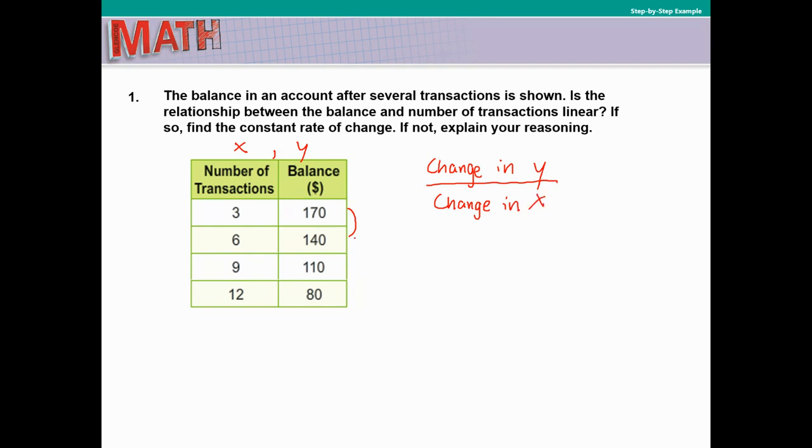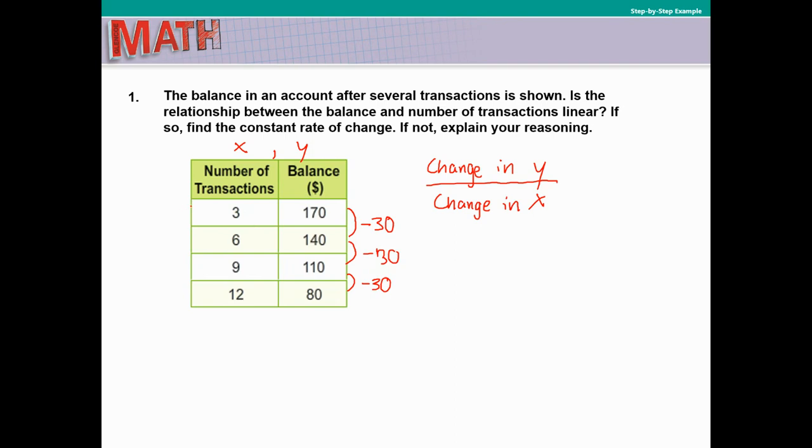That's going to form my denominator. So how much is the Y changing? Go from 170 to 140. I see that it's going down $30. Awesome. That's my numerator. You can do the whole thing at once right now. Down 30. From 140 to 110, it's down 30. And from 110 to 80, it's down 30. Awesome, it's going down by 30 each time.